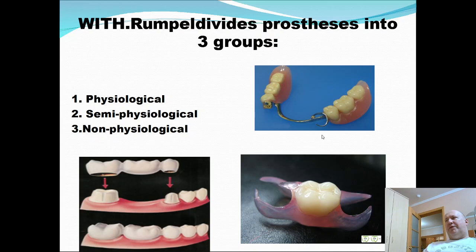This is semi-physiological: this is so-called art prostheses, including these elements which divide the chewing pressure between your patient's teeth and gum. And then non-physiological, this is the third part, this is the removable dentures, when your patient's chewing pressure is transferred only to the gingiva.